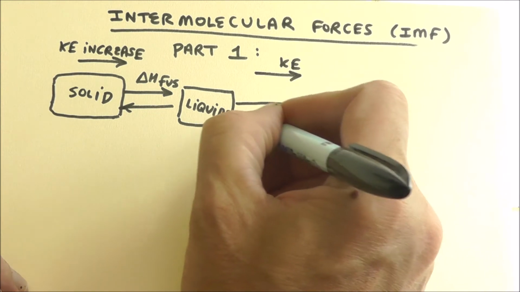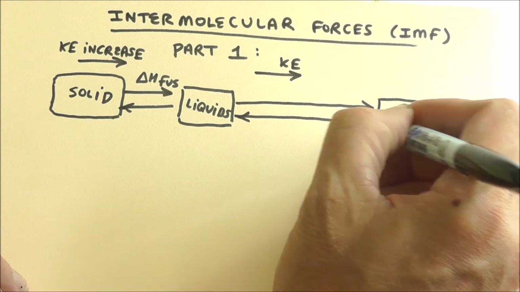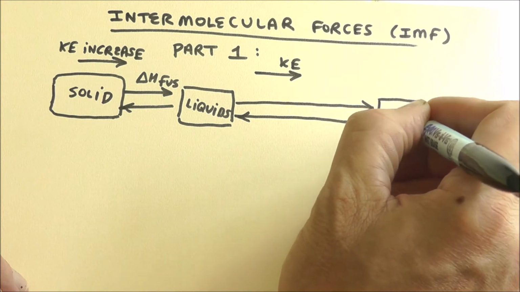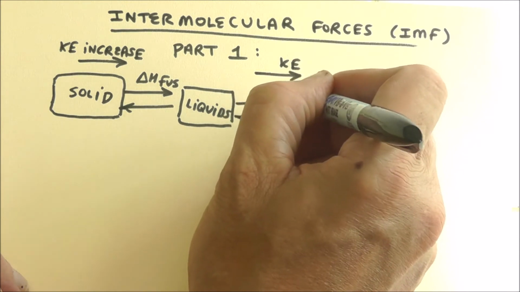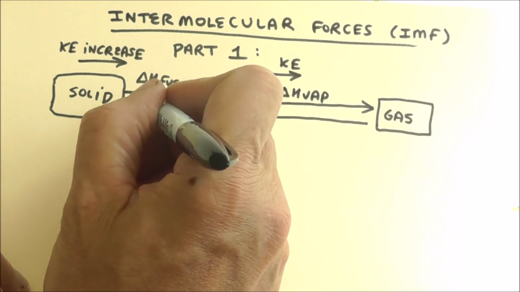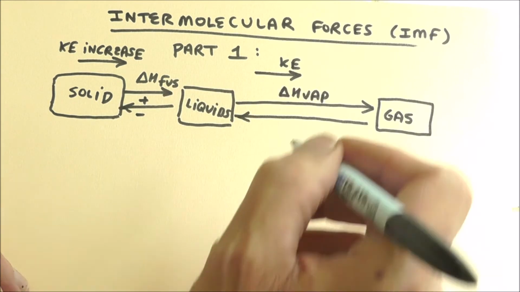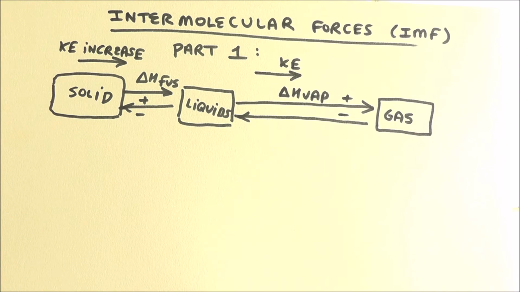So, all substances can occupy these three phases, and if you think about intermolecular forces as a sort of energy barrier, by the way, that's called delta H of vaporization. And of course, you might recognize that that direction's positive and that direction's negative. So that's a little bit of review for free, no charge for that.